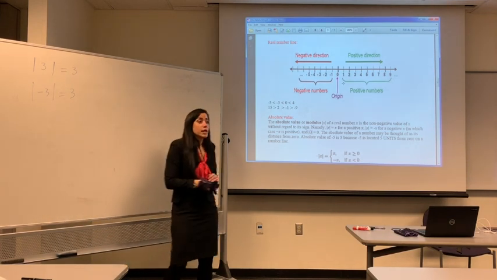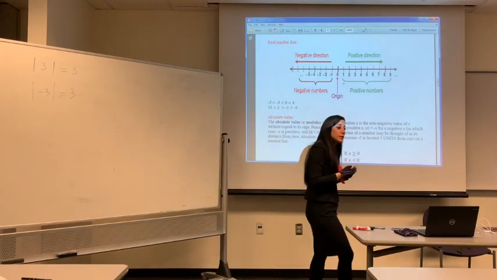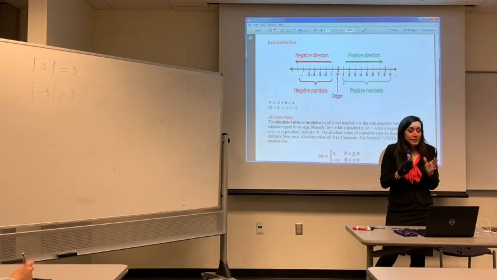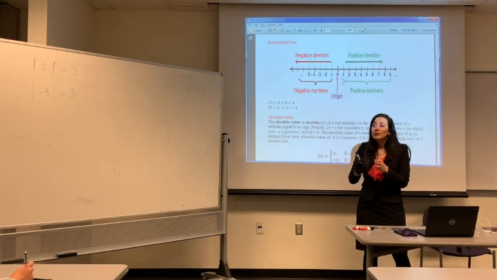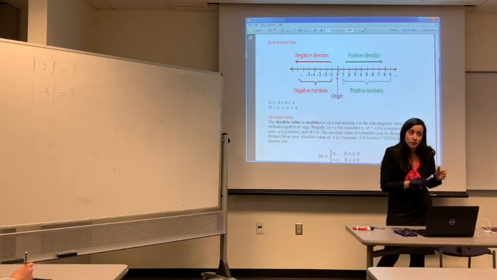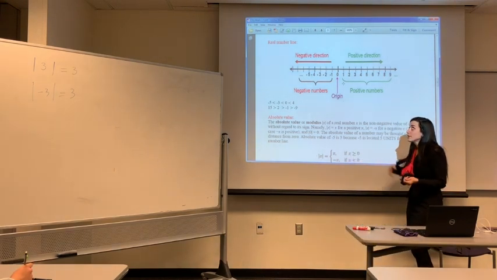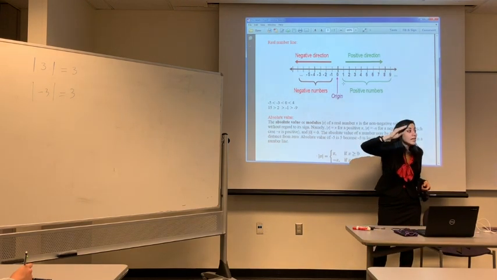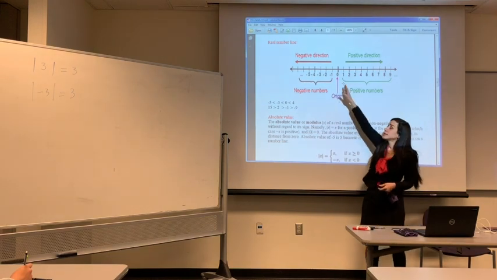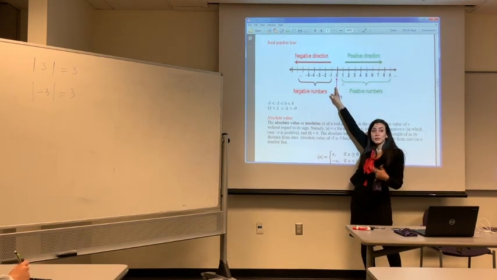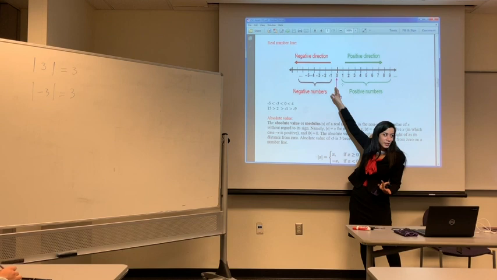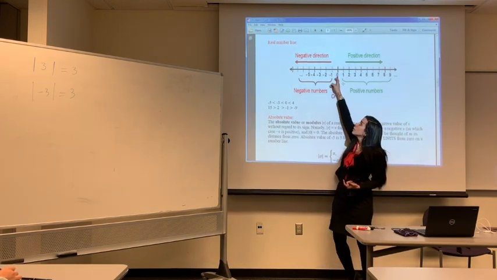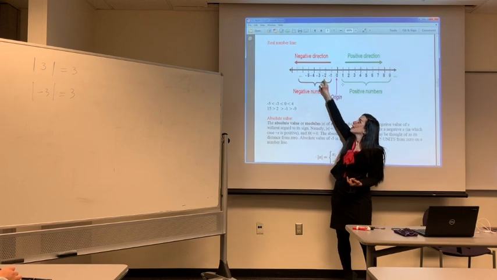So how does it work? The really good definition of absolute value is this: distance from 0 to that specific number. Now, on the real number line, if I want to see what is the absolute value of -3, it is the distance from 0 to that specific number, which is -3, correct? So where is -3? Here. So I will count 1 distance, 2, 3.